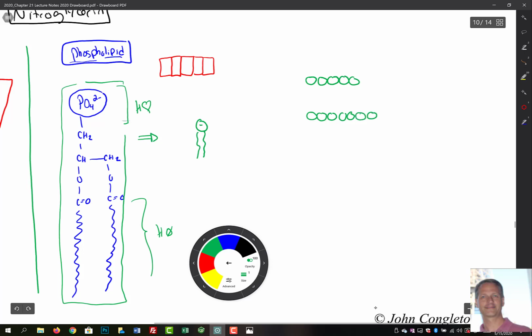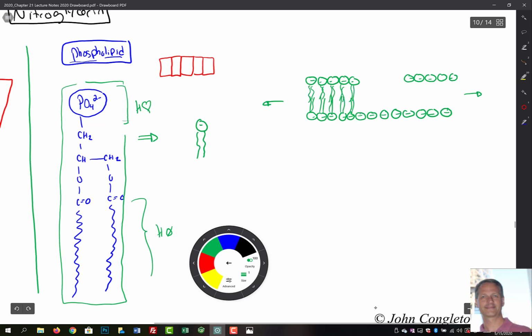So what that's going to look like, and this is kind of crude, but you can get the idea here, is a situation where we have all of these groups hanging out with our minus charges out like this. Now, of course, this continues on, right, and goes that direction too. And then off of here, we just have our little tails hanging out, right, congregating with each other too.